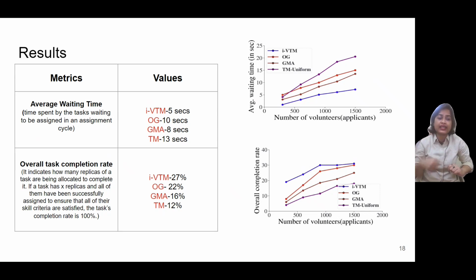So at every decision cycle, a worker is picked and pair-wise matching is tried out with every present task, aka replica. GMA and TM uniform perform poorly here because they allow only one skill to be matched, unlike OG and i-VTM. Hence, the completion rate falls as more workers are needed for the task.